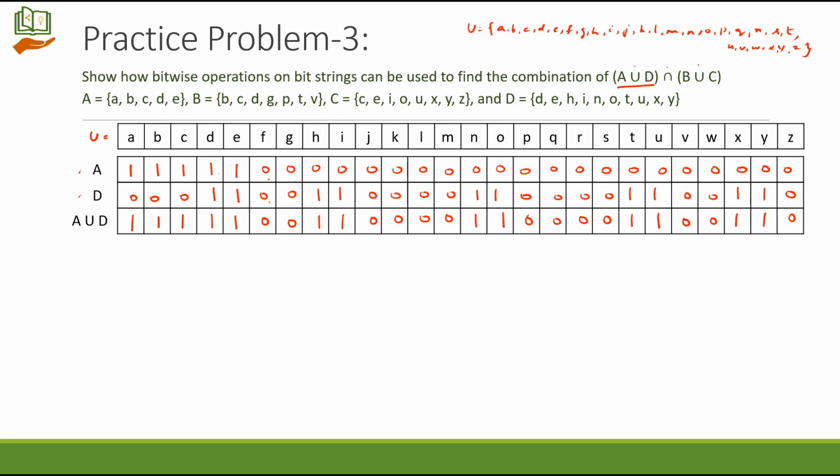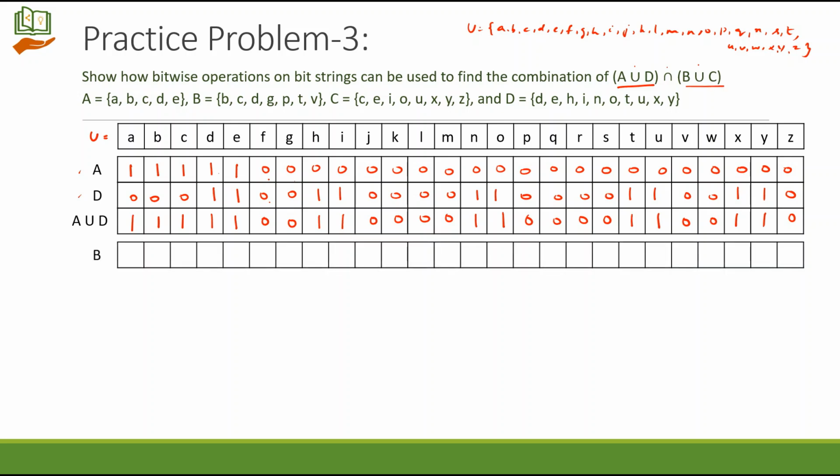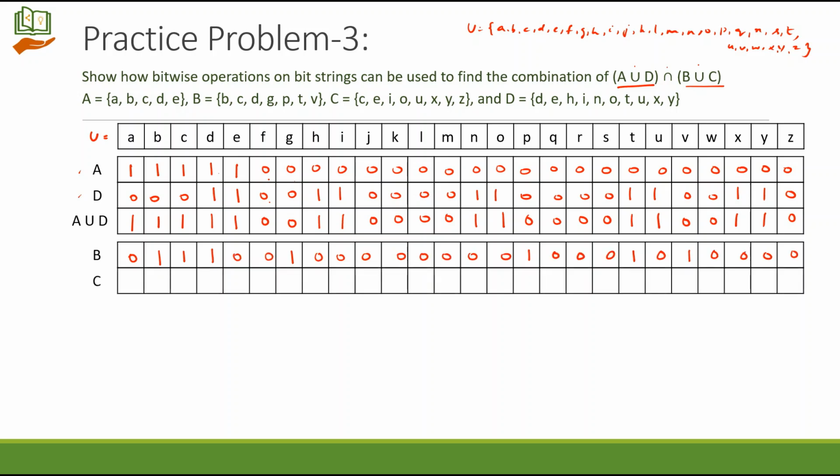We will go for the next operation, B union C. What is B? B, C, D, G, P, T. Then we have V. The remaining places are 0. What about C? C, E, I, O, U, X, Y, Z. The remaining places will be 0.